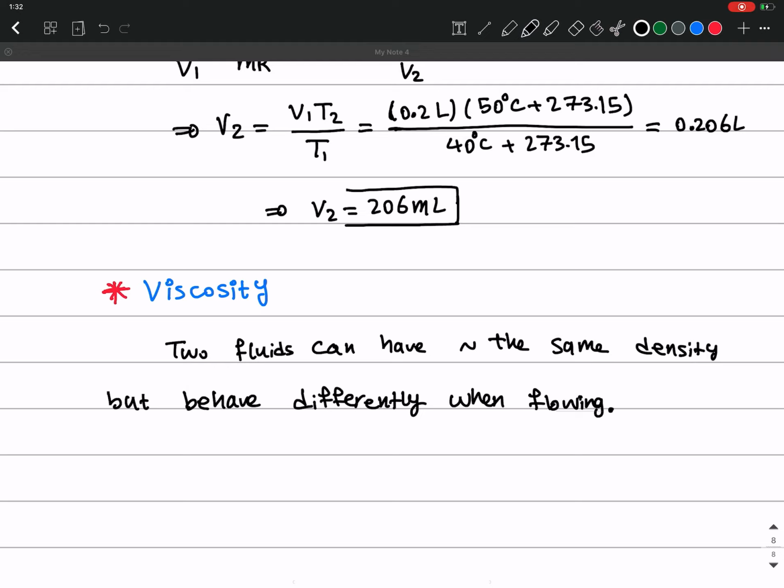One can flow very easily, very rapidly, and the flow of the other one can be very slow, right? And this is what is related to the viscosity of that fluid. Okay, and here I want to better illustrate what viscosity is and better formulate that for you based on the stress and strain and strain rate in a fluid.